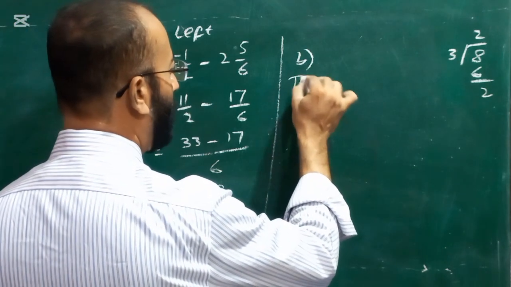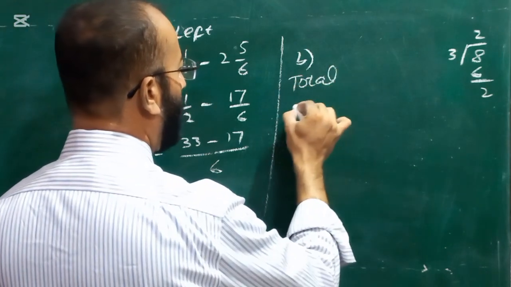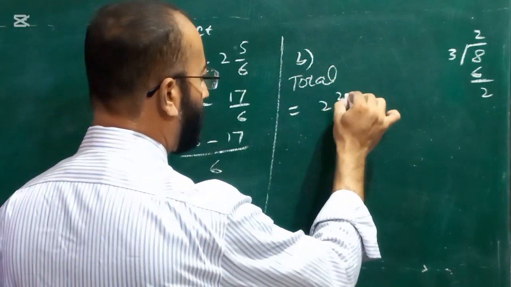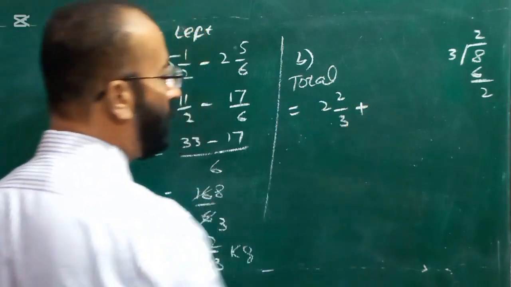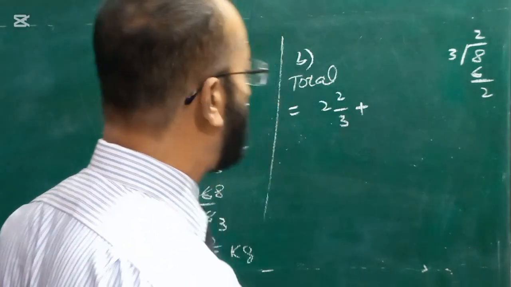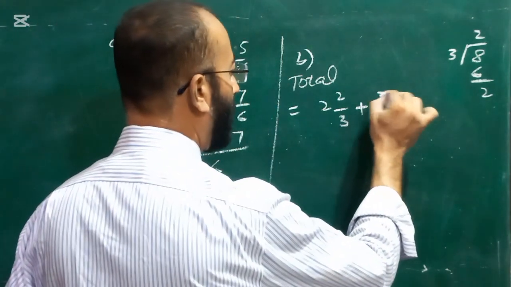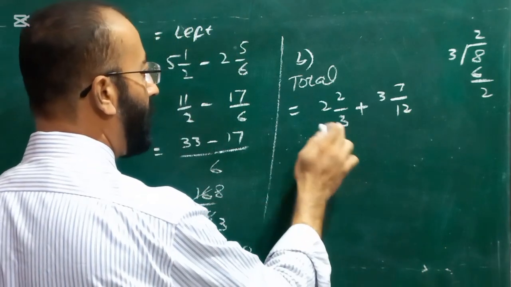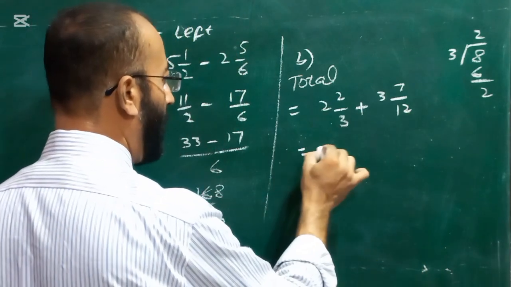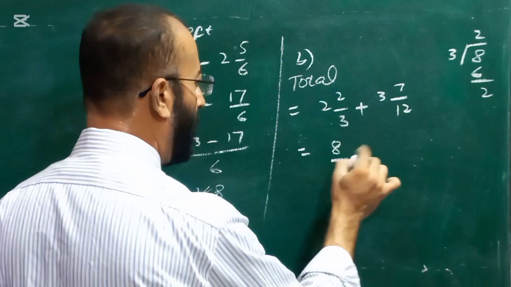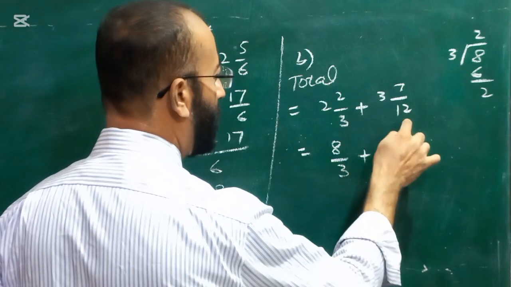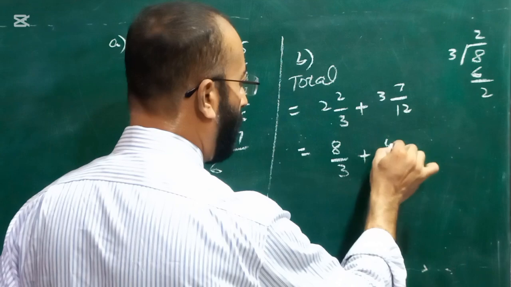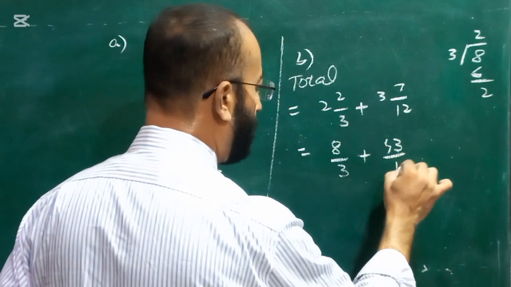So total flour will be 2 whole number 2 by 3, and the flour which is bought now, that is 3 whole number 7 by 12, will be added to it. Again solve it. 3 2s are 6 plus 2 is 8 by 3. Plus sign will remain as it is. 12 3s are 36 plus 7 is 43 by 12.